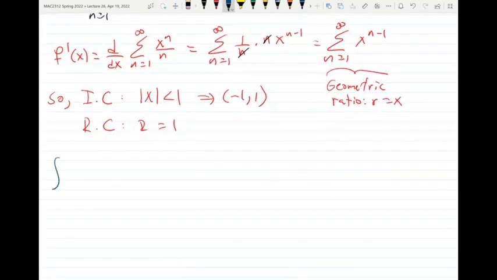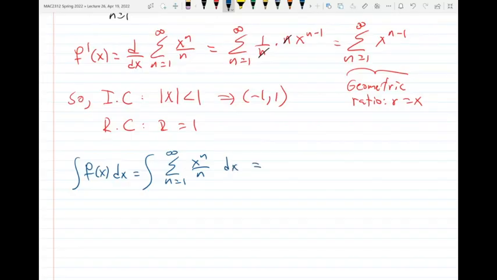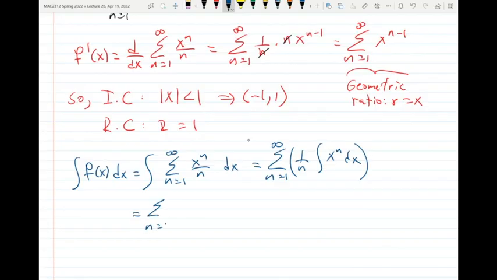Now let's do the integral. So the integral of f of x dx will be the integral of the sum from 1 to infinity of x to the n over n. We pass the integral through, so that would be 1 over n times the integral of x to the n. What's the integral of x to the n? It's x to the n plus 1 over n plus 1.